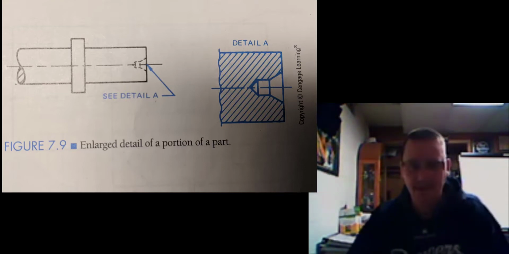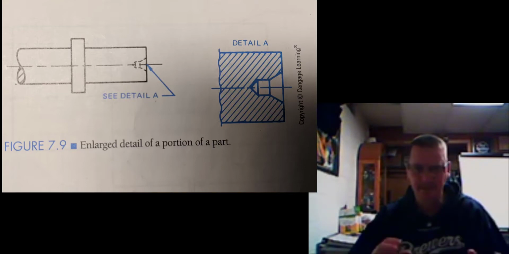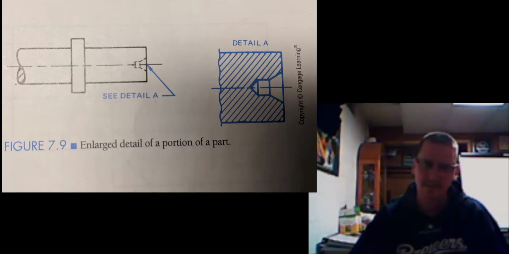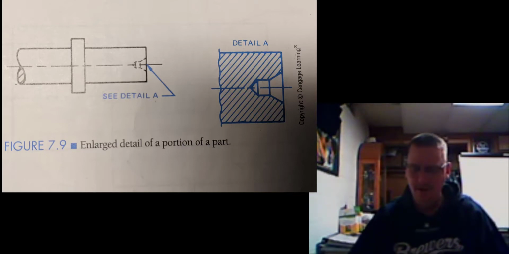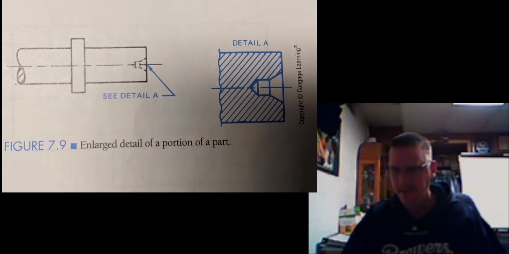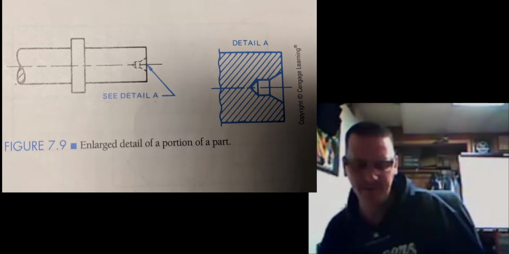So what I was talking about before, say you have a small part, and if it's drawn to the same scale as the rest of the print it's too small to be seen, it can be enlarged and put off to the side to show the details better. So it'll have an enlarged scale size, just that little bit that you can't see in the regular scale, and this makes it easier to see it.